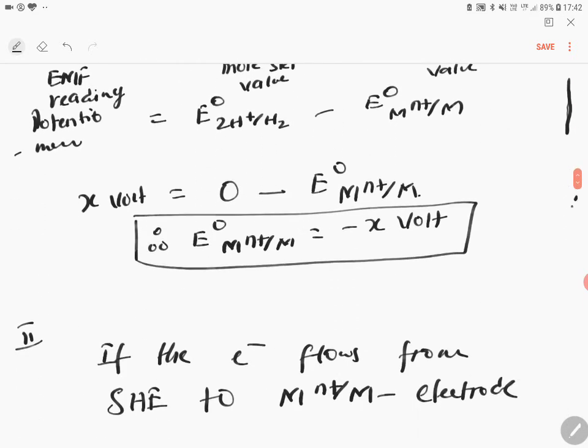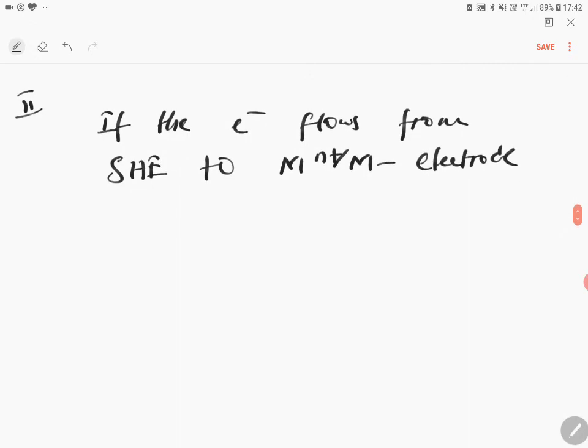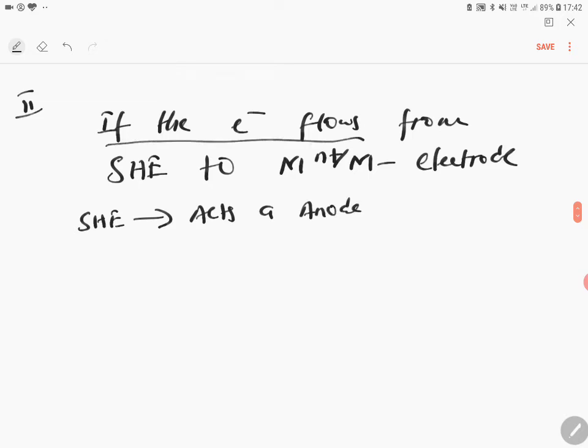But in case the electron flows from SHE to metal M n plus M, please understand one thing very clearly: SHE acts as anode. Why? Because anode is the place where electrons start flowing, anode to cathode.